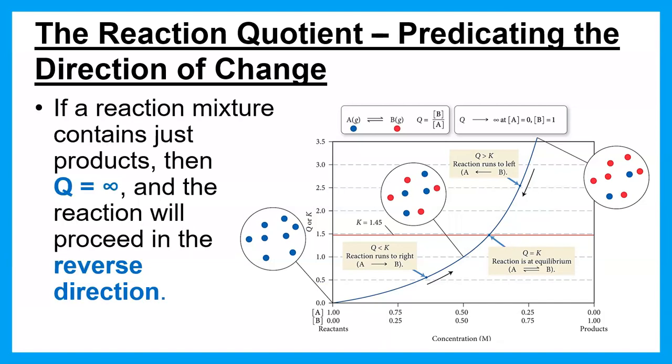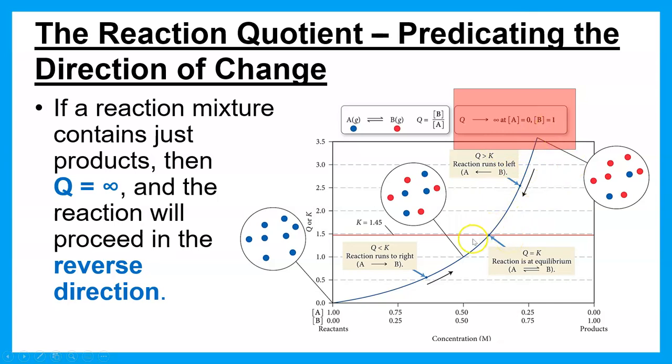If all you have is product, you plug in your numbers to your calculator and your calculator freaks out at you because you're trying to divide by 0. And it doesn't like that, does it? And then people freak out because they're not stopping to think about the common sense here. If you're way up here and you have no reactants present, the only possibility is for your reaction to go backwards.